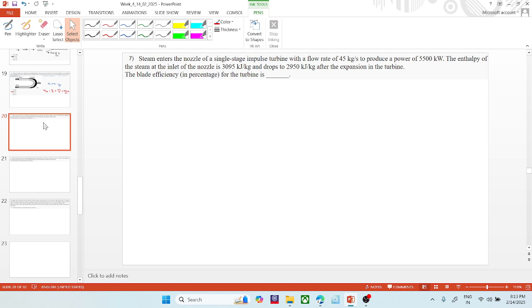In the seventh problem, what they have provided is that steam enters the nozzle of a single stage impulse turbine with a flow rate of 45 kg per second.